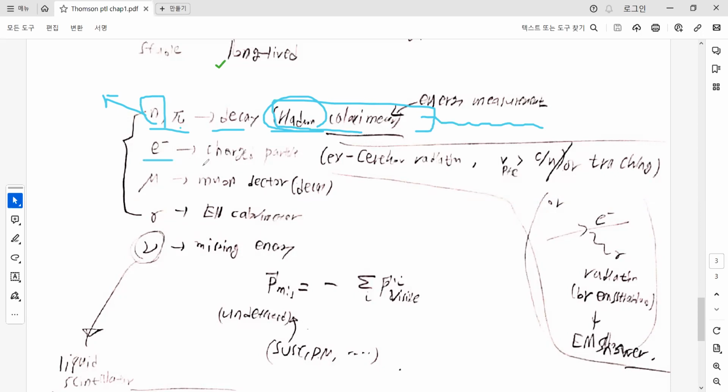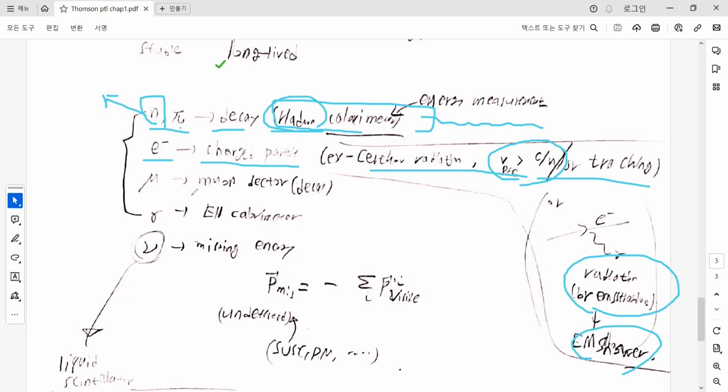The electrically charged particles like electrons can be detected by several methods like tracking, or Cherenkov radiation when the particle's velocity is faster than the speed of light in the medium, and also bremsstrahlung radiation can make an EM shower, so electric charges are measured very easily.